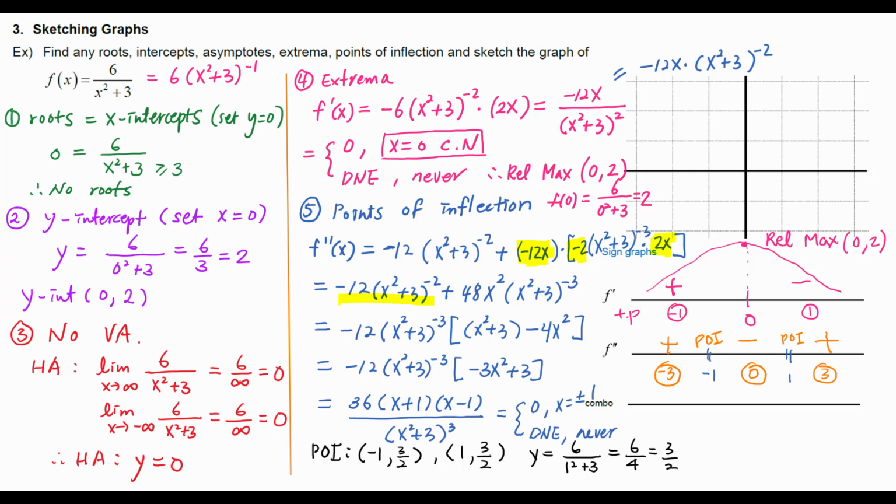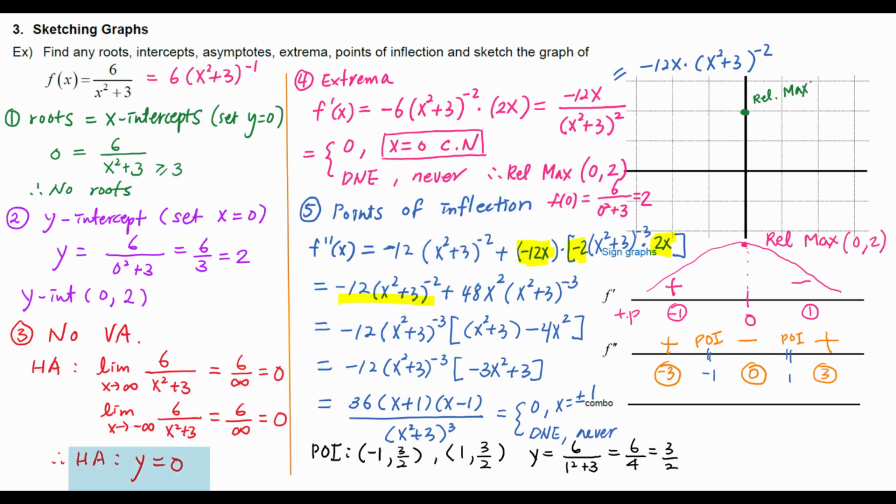So let's use all this information to graph the function f of x equals 6 over the quantity x squared plus 3. I had no roots, meaning my graph will not touch the x-axis. I do have a y-intercept at 0 comma 2, which happens to also be my relative maximum.